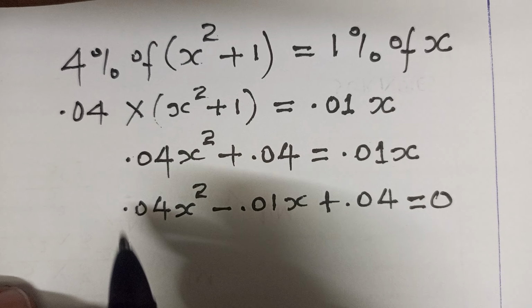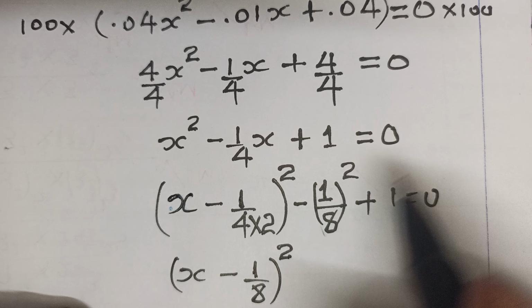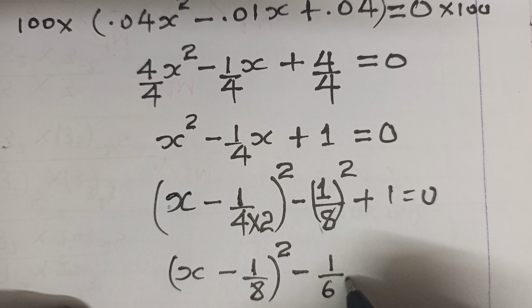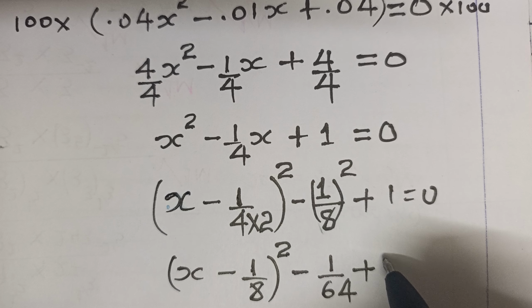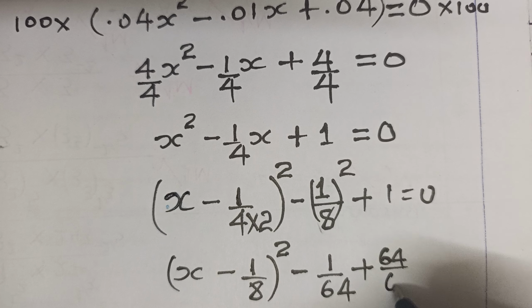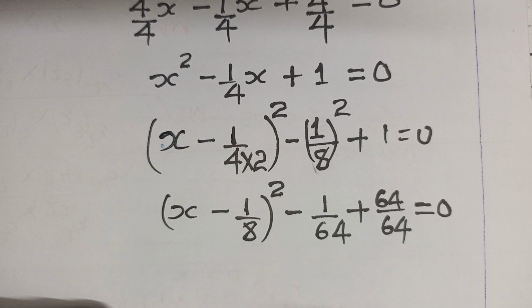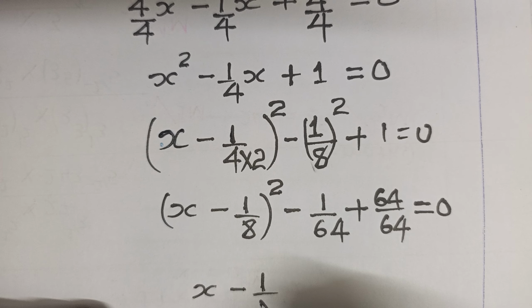With that, guys, we shall have x minus 1 over 8 squared. And now guys, this now comes to minus 1 over 64 plus 1. 1 we can put it in terms of 64 over 64, equals to 0. And so therefore we shall have x minus 1 over 8 squared.